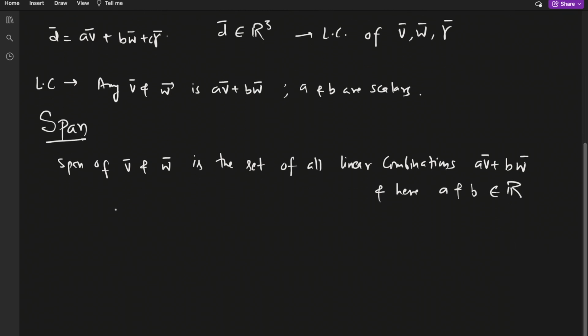When I say I have two vectors v and w, let us suppose this is v and this is w.